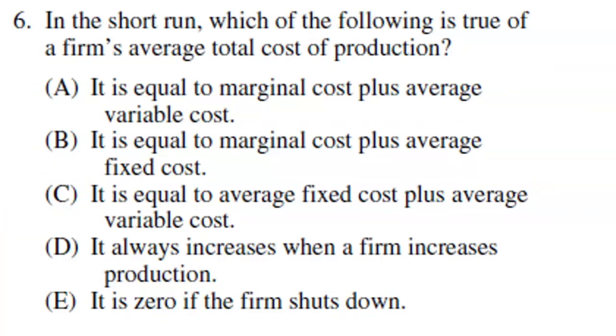All right, so our last question. In the short run, which of the following is true of a firm's ATC? So here, A, is it equal to marginal cost plus average variable cost? Well, no, that's not true, because we know the equation is our fixed cost plus our variable cost equals our total cost here.